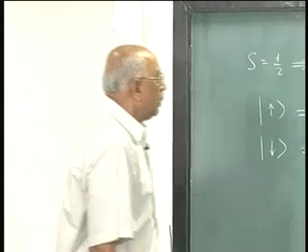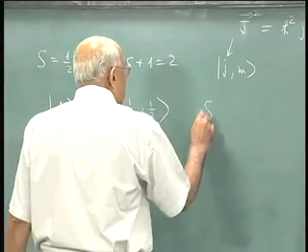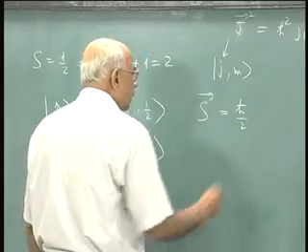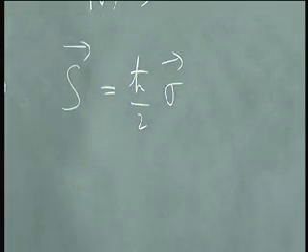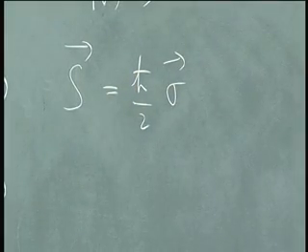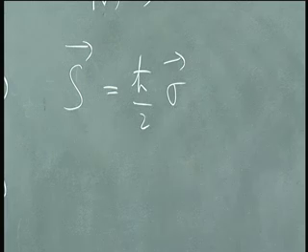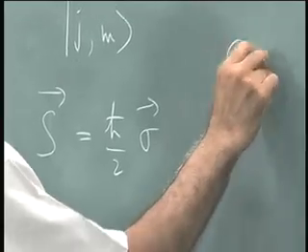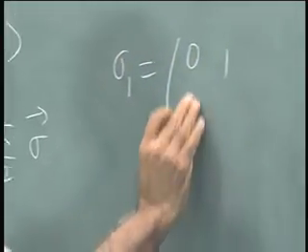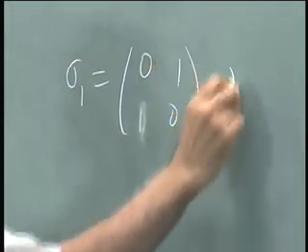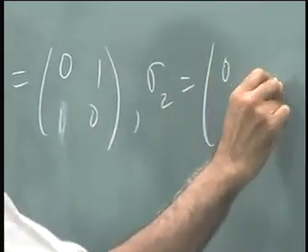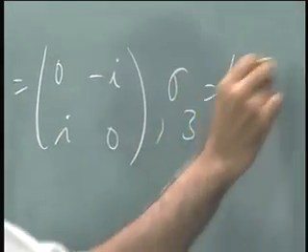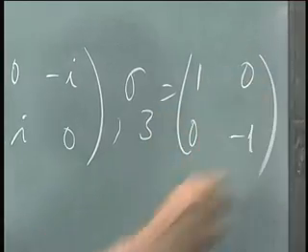Now we already know that the spin operator of the electron can be written as h cross over 2 times the 3 Pauli matrices sigma, and these matrices have the standard representation: sigma 1 equal to 0 1 1 0, sigma 2 equal to 0 minus i i 0, sigma 3 is 1 0 0 minus 1.